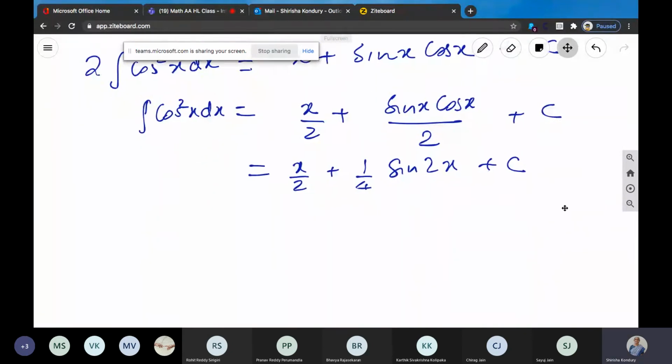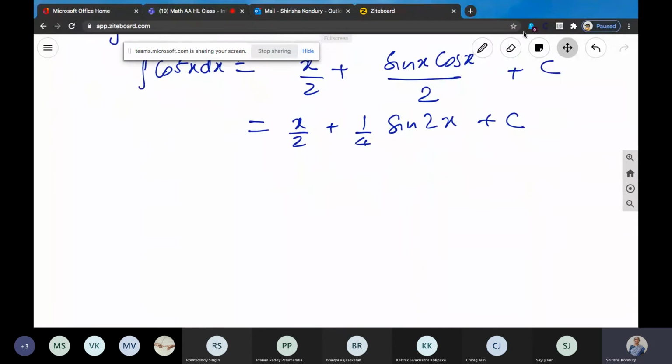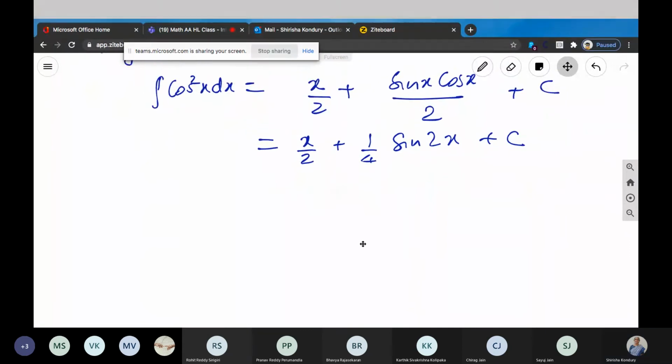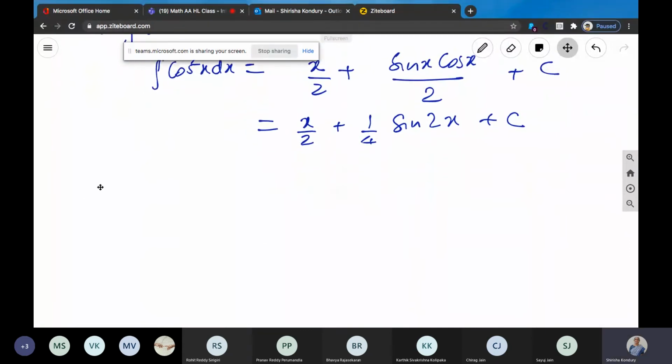Okay, let's slightly challenge ourselves. Now again, I don't have two different functions. So I will answer Chirag's question.